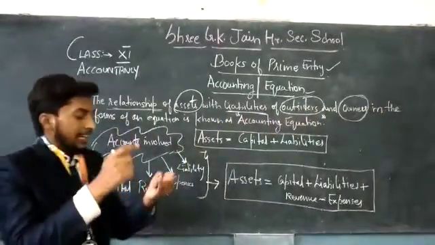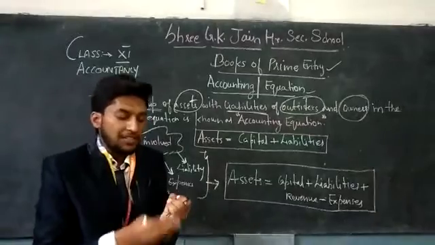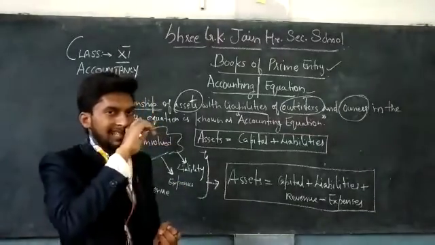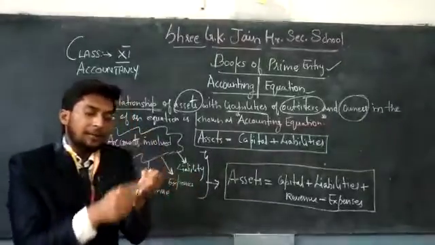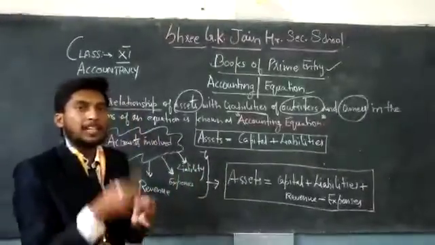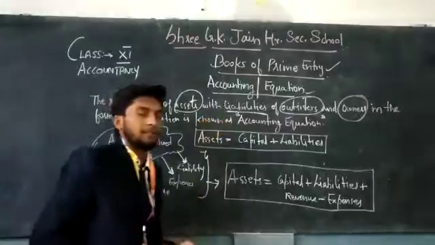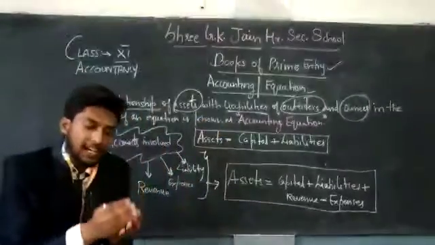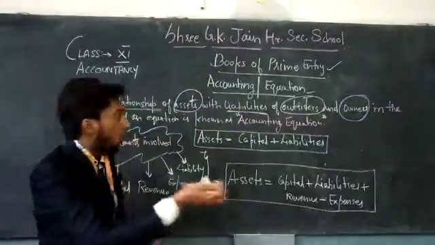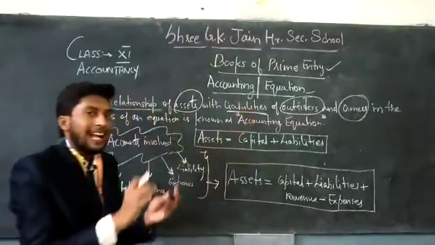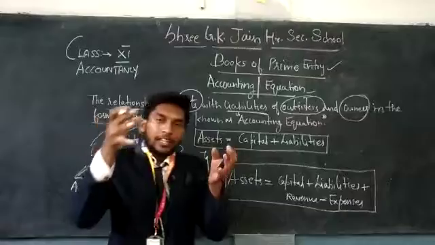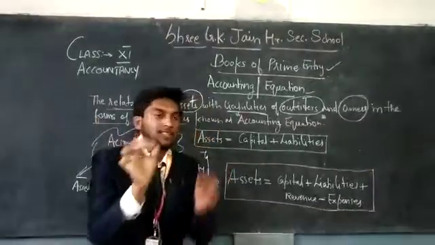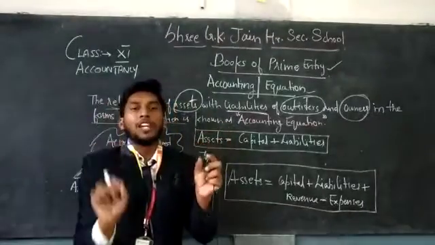Point number one, it is the relation between assets and liabilities. Point number two, this liability is not a general liability, it is the liability of outsiders. Point number three, the liabilities of the owner. When you explain the relationship between assets and liabilities, that forms a type of equation.